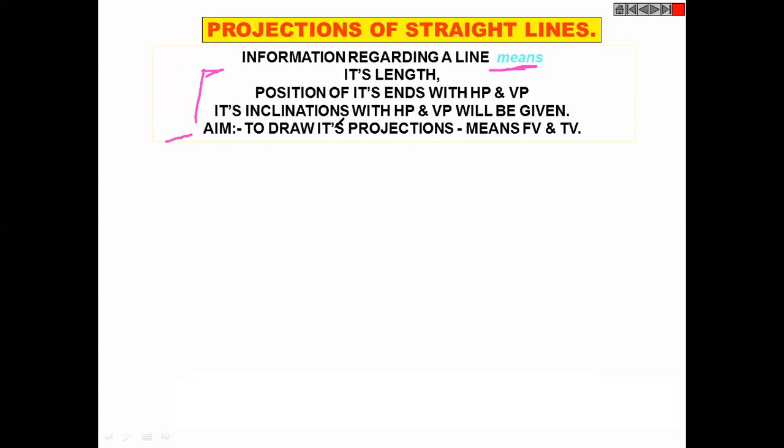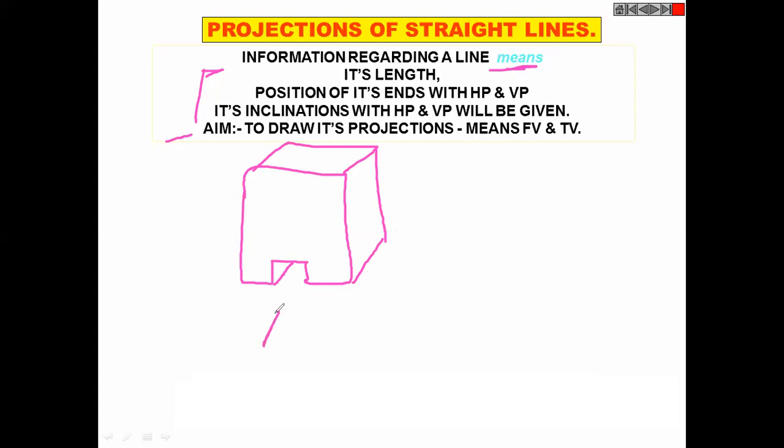What you need to do is draw its projection, meaning front view and top view. It is the same way we do it: if this is my object, draw the front view, top view, and side view.